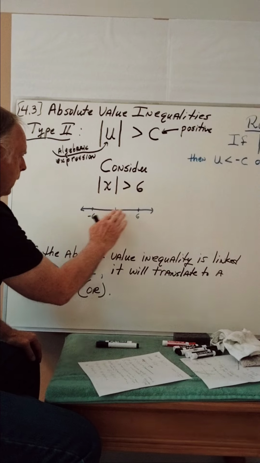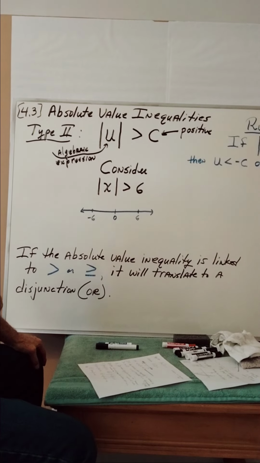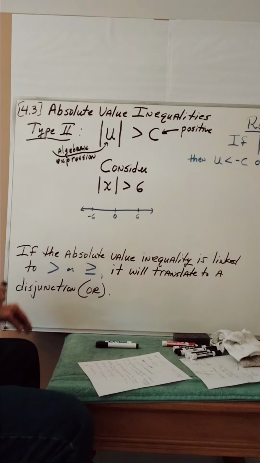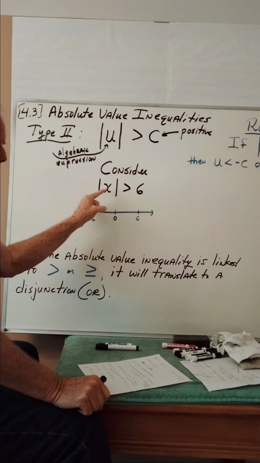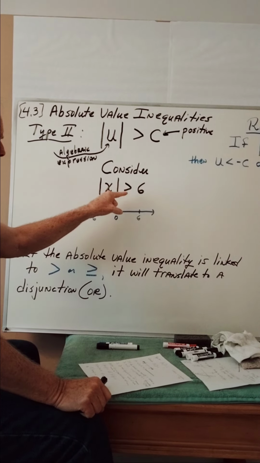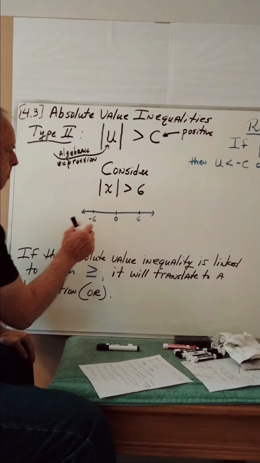Let's look at the number line. I've got 3 critical values on it: 0, positive 6, and negative 6. X must be a real number whose distance away from 0 is greater than 6 units.